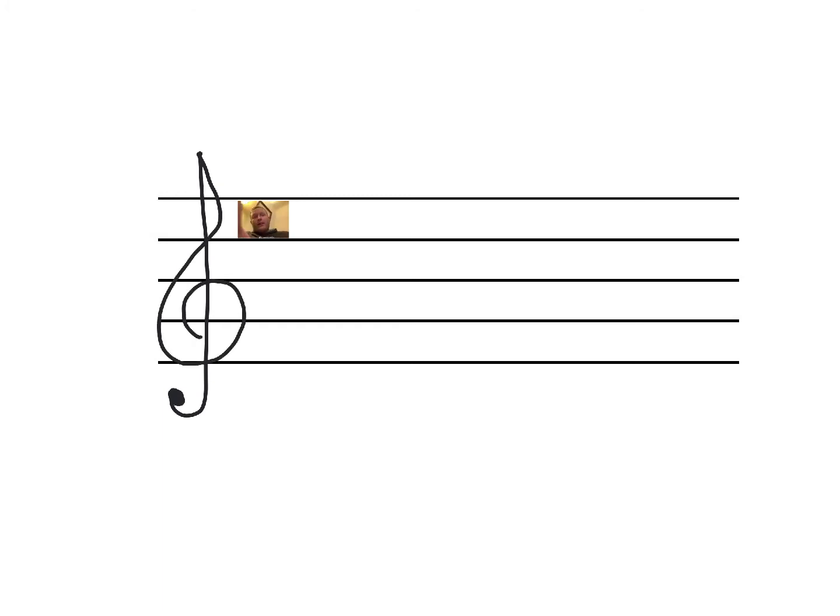And then, of course, we know that the staff has 5 lines. What are those lines? Of course, we know that they are E, G, B, D, F. And in between each line, there lies a space. F-A-C-E. It spells the word face, right?